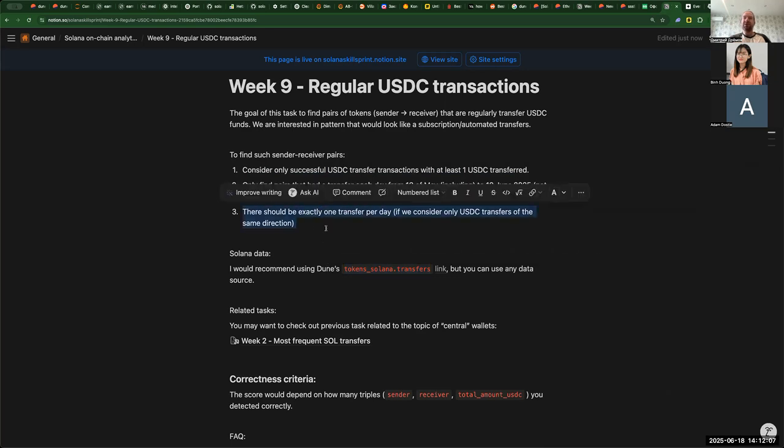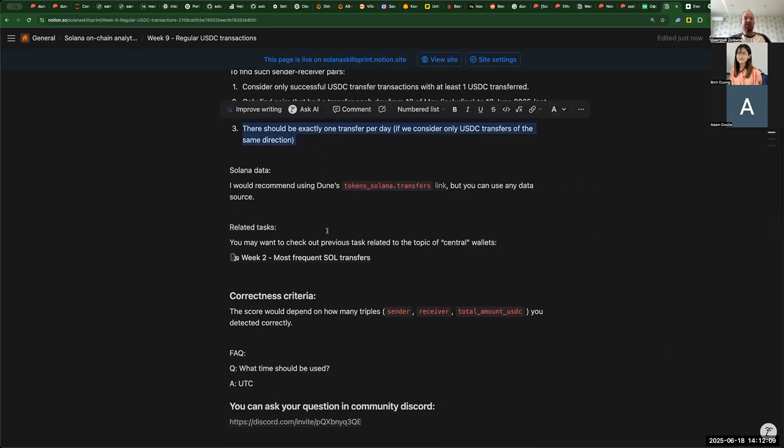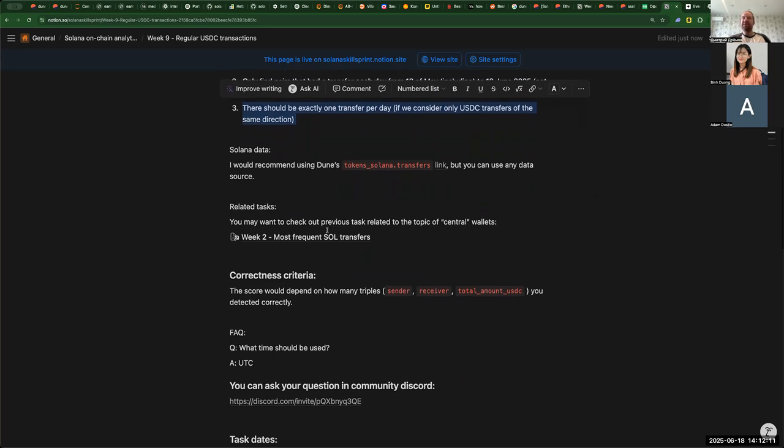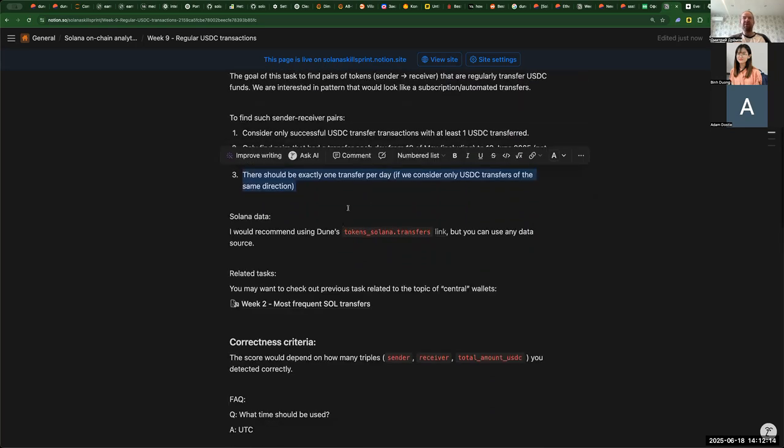What I think is maybe not super clear is that we are only interested if there is only one transfer per day, but only for this direction: the source wallet, the sender wallet, to the receiving wallet.